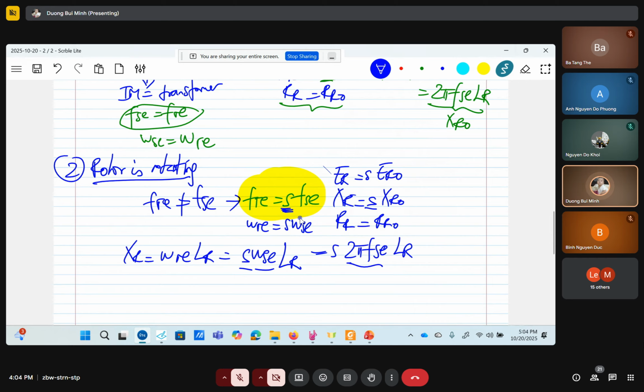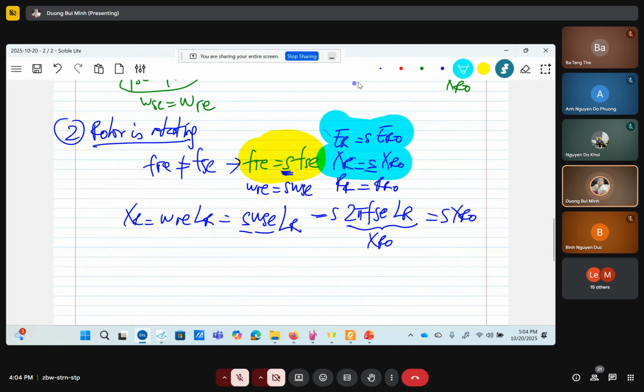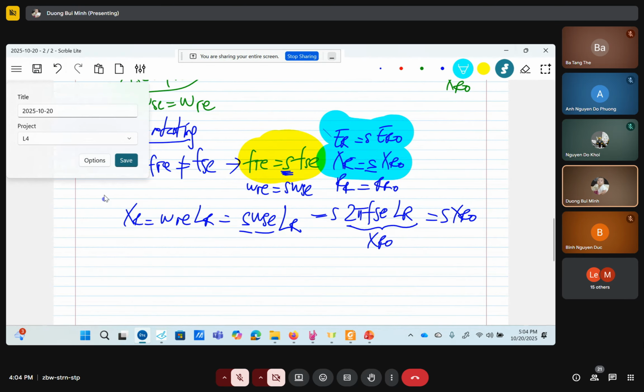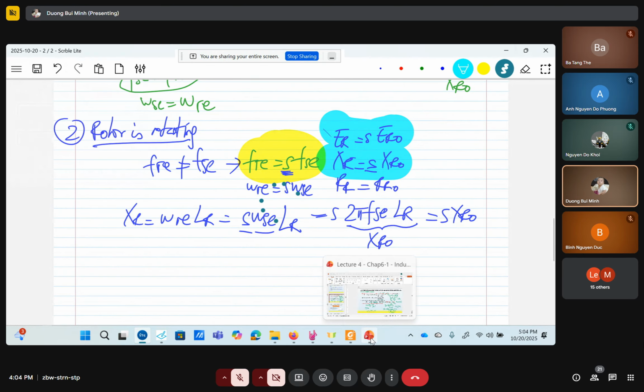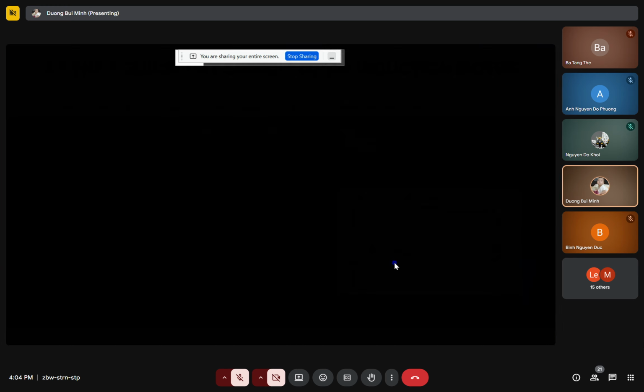So 2 pi FSE LR is XR0, so you get S times XR0. And similarly you can get ER is S times ER0.